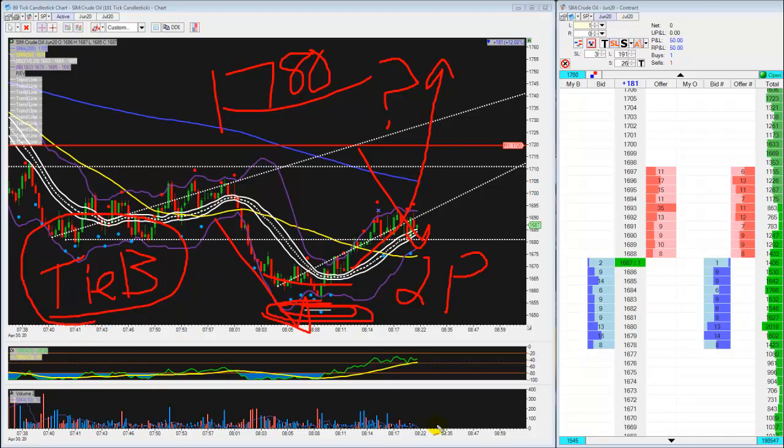So we need to see a volume bar to break the tie. Oh yeah, it's so difficult when you get stopped like that. It just questions everything in your mind. Everything.